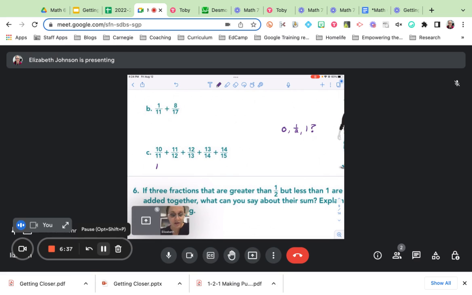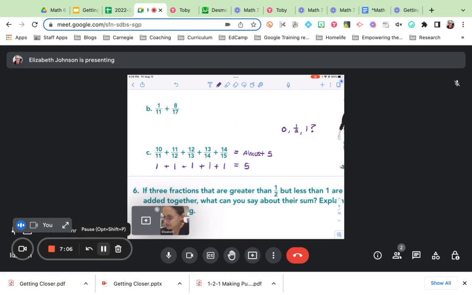11 out of 12, is that closer to 0, 1/2, or 1? 1. 12 out of 13, close to 1. 13 out of 14, close to 1. 14 out of 15 is also close to 1. So that means that our estimate is 5. If I add these numbers together, will I get 5? No. I will get a number that is almost 5.